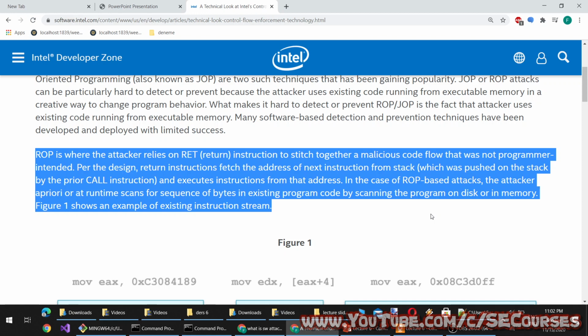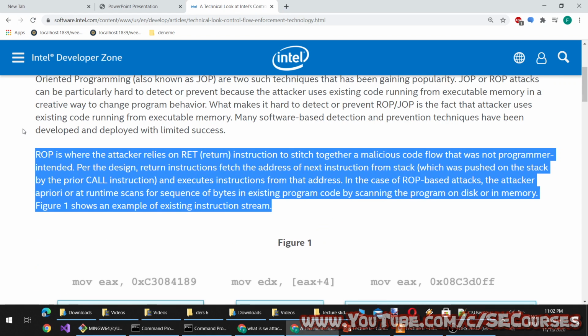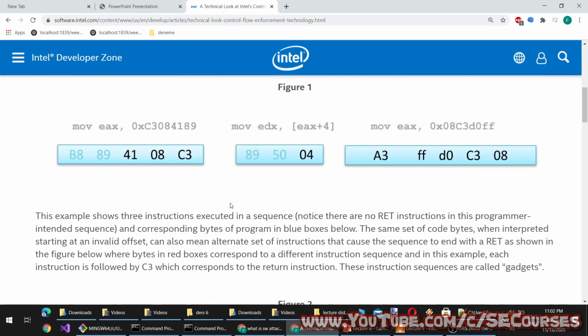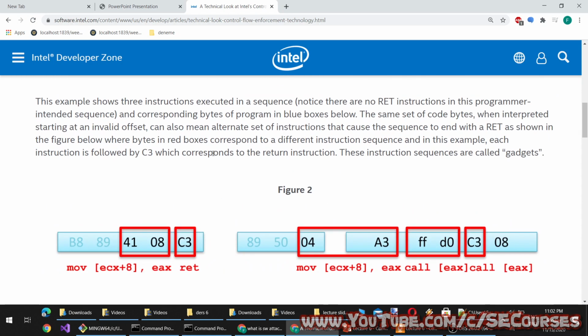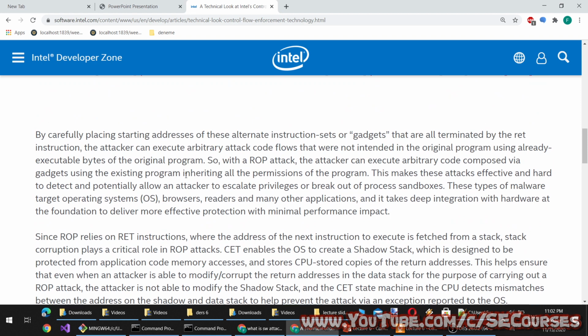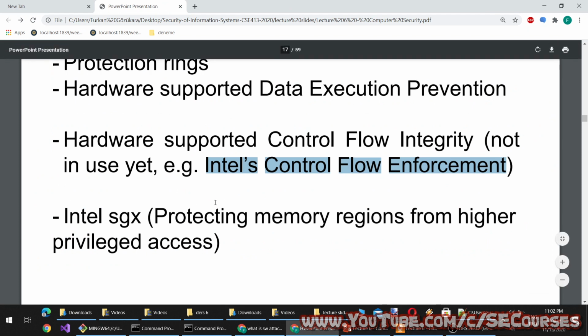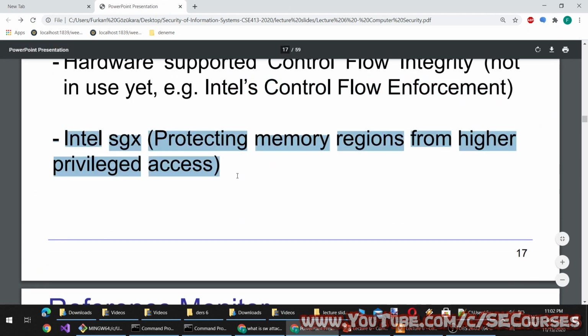In the case of ROP-based attacks, the attacker a priori or at runtime scans for sequences of bytes in existing program code by scanning the program on disk or in memory. Figure 1 shows an example of an existing instruction stream. Anyway, you can read about it if you want.